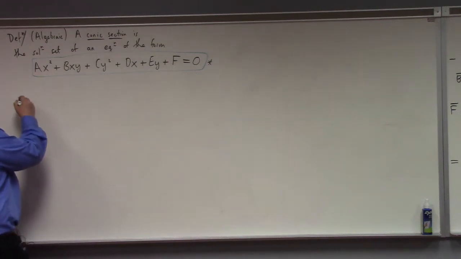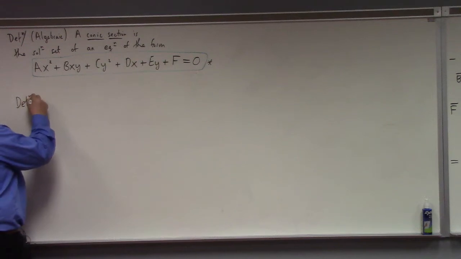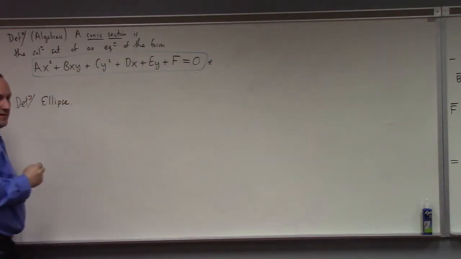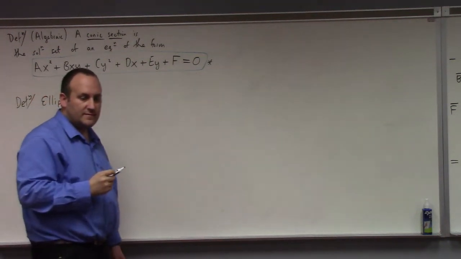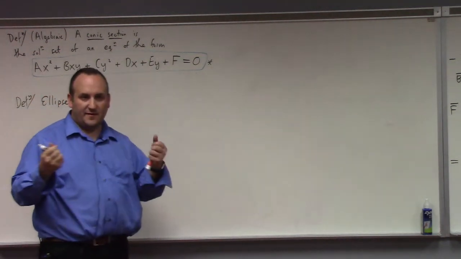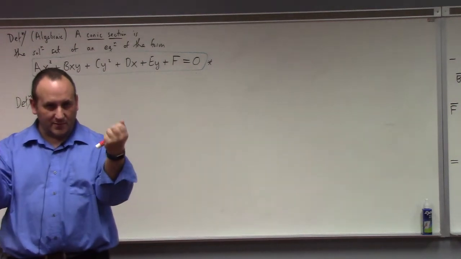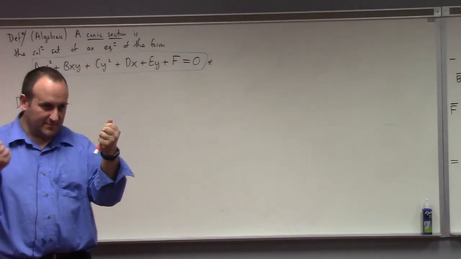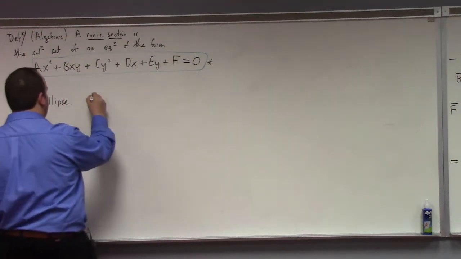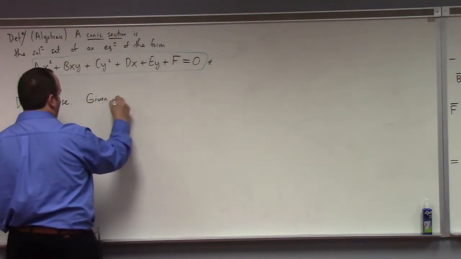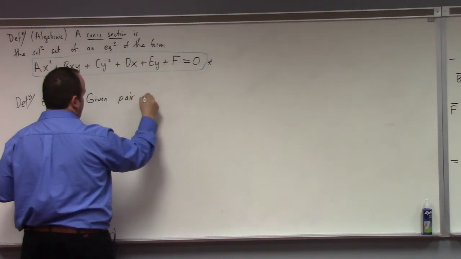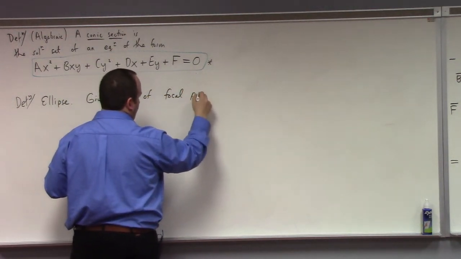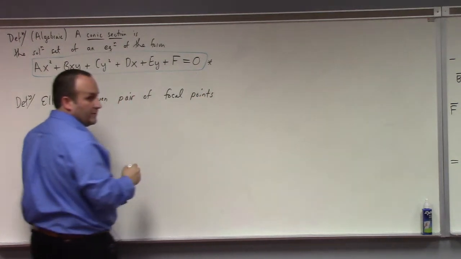But the other definition of the ellipse is what? How's it go? I have a pair of points. They're called focal points. And then what? No directrix here, but a pair of focal points. Right?